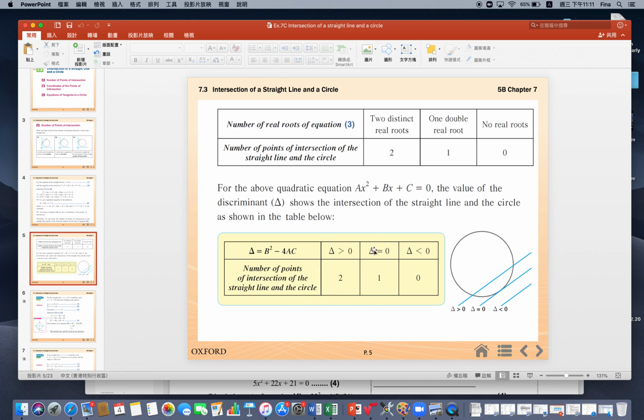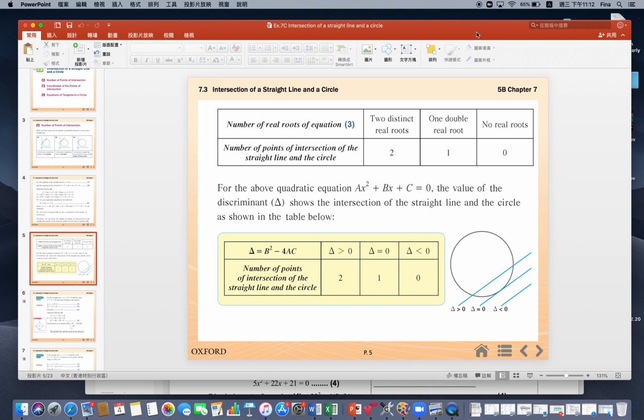The second situation is if delta is equal to 0, that is one double real root, or you may say the number of intersections is only 1. Lastly, if delta is less than 0, then there is no intersection. I think this is the most important part that you have to note in this section.